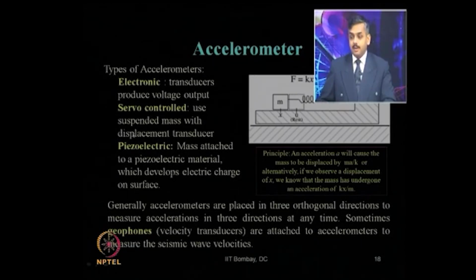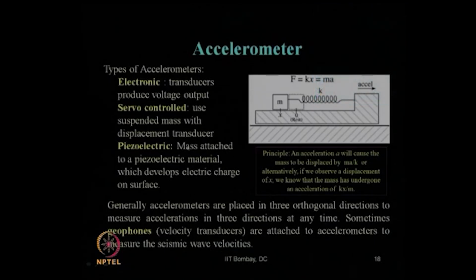So, these are acceleration transducers, whereas geophones are velocity transducers. Those are attached to the accelerometers to measure the seismic wave velocities. That is, along with the acceleration profile with respect to time, one can easily measure the velocity of various seismic waves arriving at the station where the seismograph is located through the use of these geophones.